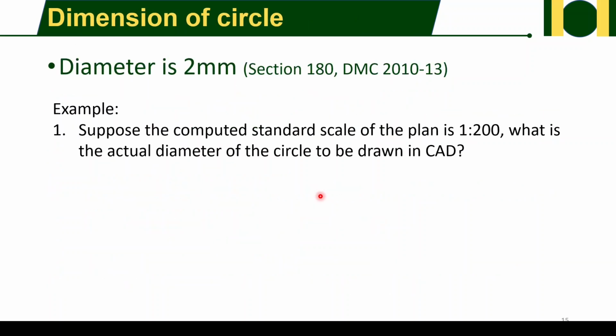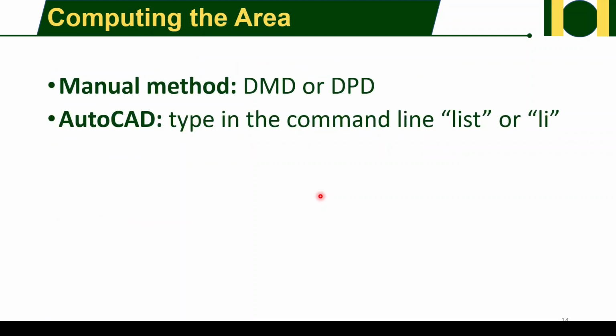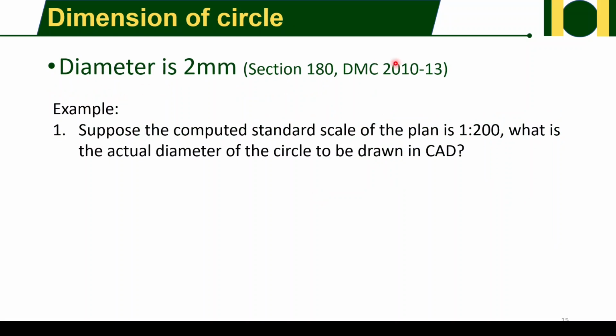So how to draw the circle? Of course, you have to draw a circle, but what is the size or the diameter of each circle? According to DMC 2010-13, the diameter of a corner must be 2 millimeters.